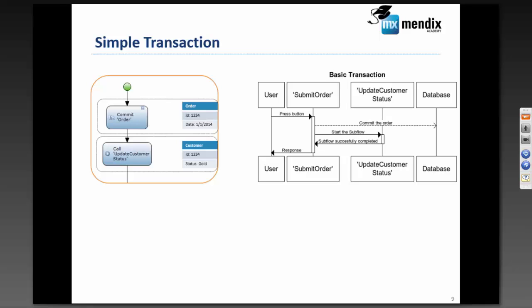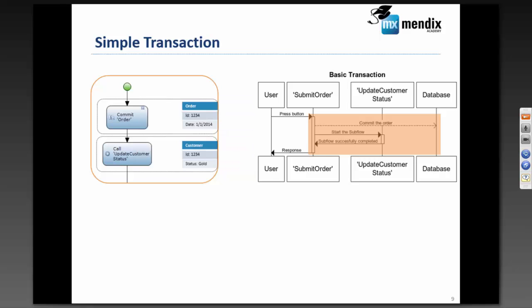When the user submits the order, it calls a sub-microflow to update the customer status, and both of those microflows communicate with the database to have commits and then send data back. During this process, the shaded area is where the transaction takes place. On the submit order, we commit the order, we start the subflow, and the subflow successfully completes. Everything is good to go.